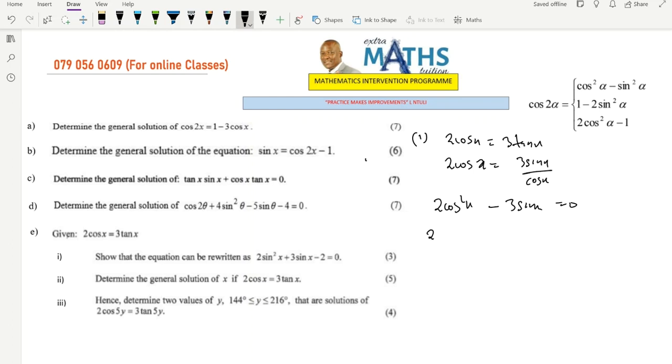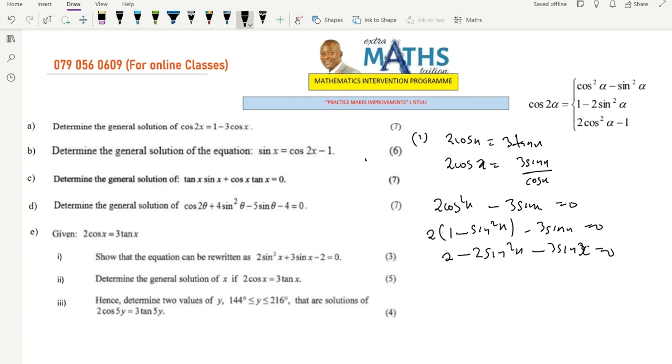What does the square identity say? It says our cos squared x can change to be 1 minus sine squared x. So 2 times (1 minus sine squared x) minus 3 sine x equal to 0. Then let us multiply. It should be 2 minus 2 sine squared x minus 3 sine x.